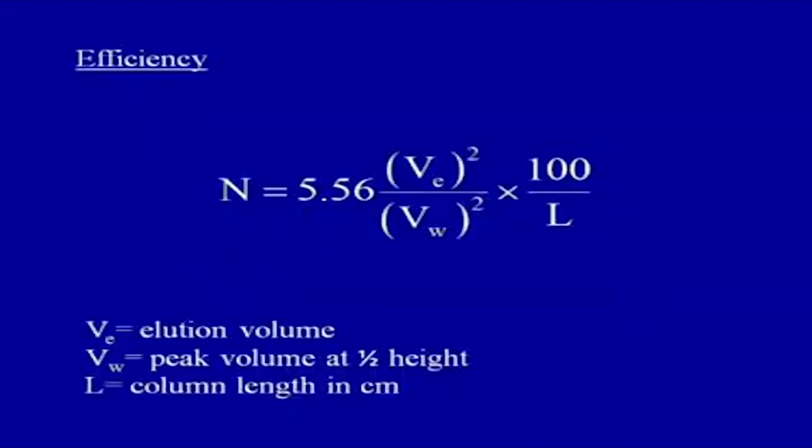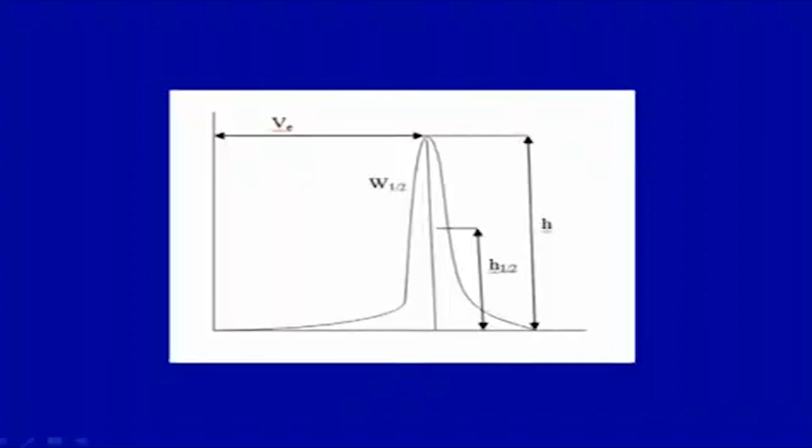So, here efficiency is determined by calculating the number of theoretical plates per meter, and this equation could be utilized for calculating the theoretical plates, where V is the elution volume, Vw is the peak width at half the height of the peak, and L is the column length. So, it is like here half the height of the peak and this is the elution volume. So, you can calculate the theoretical plates.